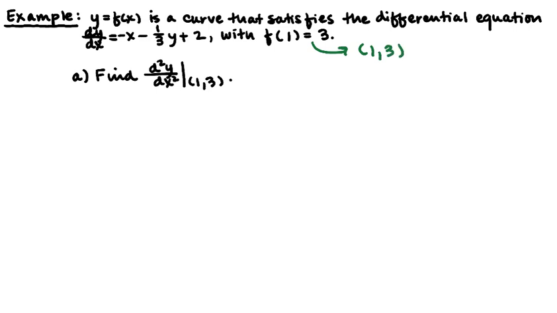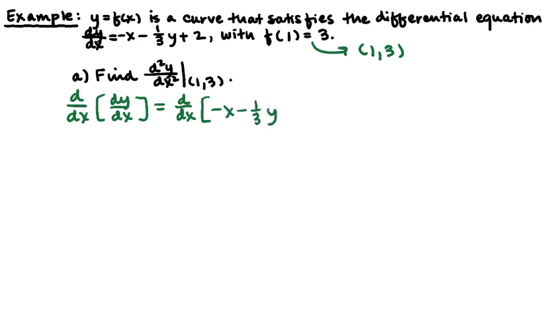And when they say find the second derivative of y with respect to x both times at the point where x is 1 and y is 3, what we're going to do is take the derivative of dy/dx. So we'll take the derivative of both sides of the equation, just like we did earlier. I'll take the derivative of negative x minus 1/3 of y plus 2.